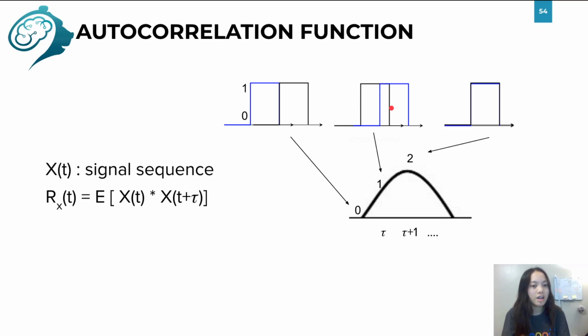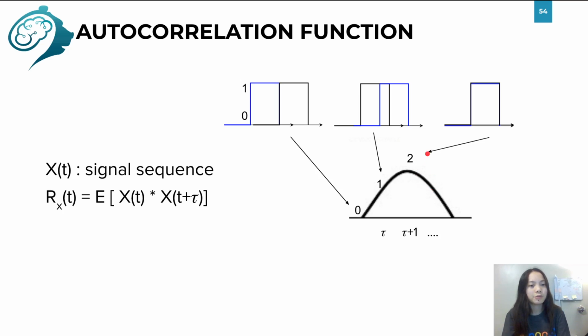And at this time, you will have a 0.1 in here, since 1 times 1 is 1. So at this tau step, it will give you 1. Now, let's say we have the blue and black signals overlapping with each other. So here you need to sum all these points and then average them. And at the end, you will have this point equal to 2, and so on.